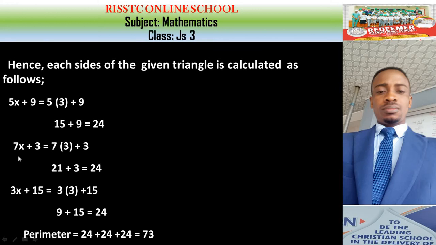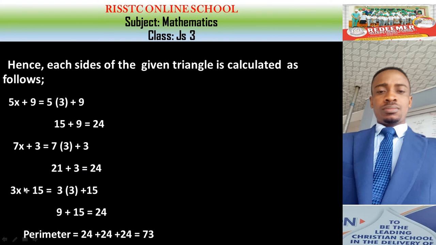The second side, 7x plus 3 equals 7 into bracket 3, close again, plus 3. 7 times 3, we have 21, plus 3, we have 24.